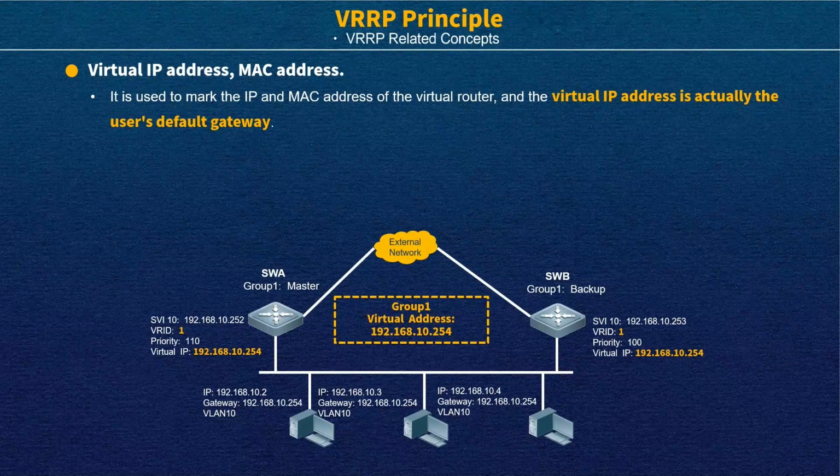And the next one is about the virtual IP address and the virtual MAC address. We will use the IP address and the virtual MAC address for the virtual router. The virtual IP address will become the default gateway of the terminals. And also we have to provide the MAC address, right? Do you still remember the process if the terminal wants to visit a different destination?